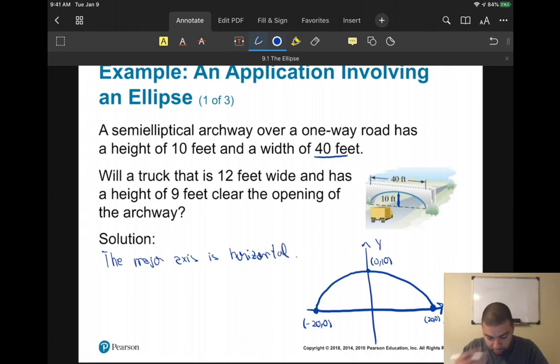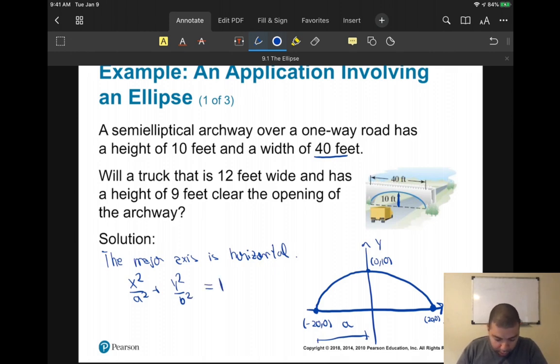That's what major means. So that means A goes underneath X. So that is A. This distance is A. And A divides X. So the equation is going to be X squared divided by A squared plus Y squared divided by B squared equal to 1.